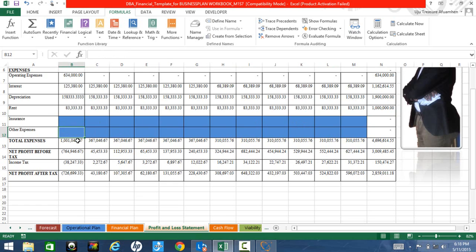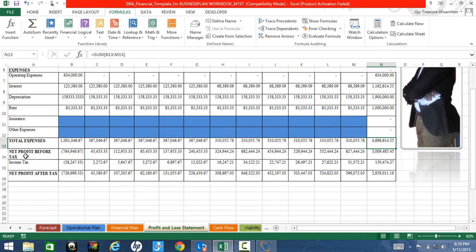Then the total expenses is going to be the summation from B7 to B12. So this is our B column, this is B7, operating expenses, then to B12. When you sum everything up here, it gives you your total expenses for the first 2 months. You do the same down to the last, and that's what you have there.